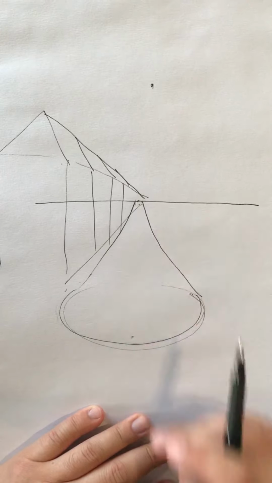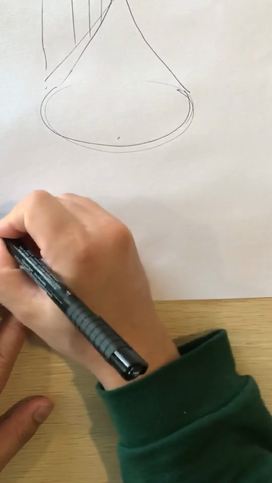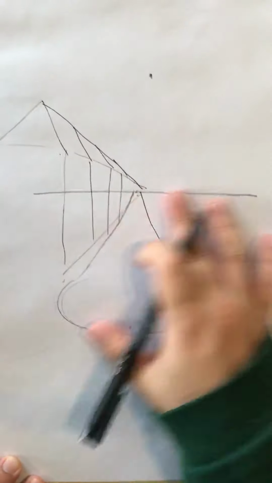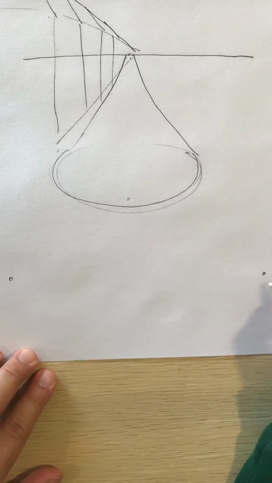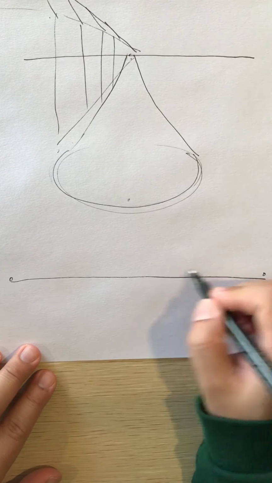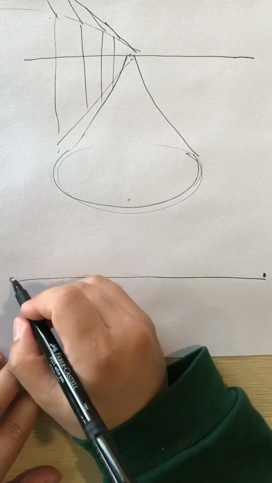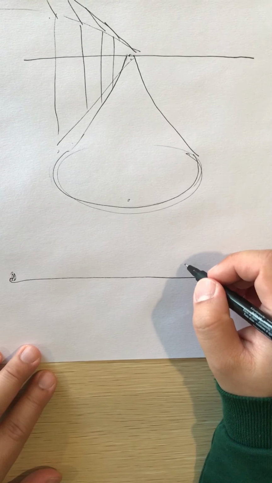Now, in another example, if we go to 2-point perspective, this can look very dramatic. If I try and redo the scene in 2-point perspective, it would probably look a little something like this. So this is vanishing point 1, this is vanishing point 2. Let's see.